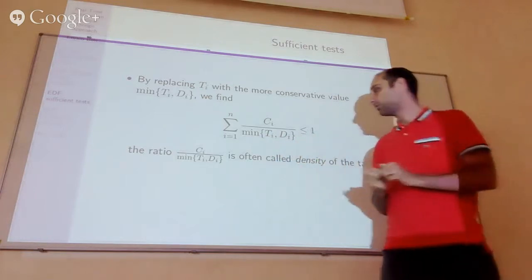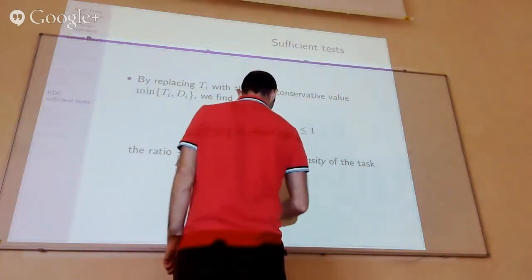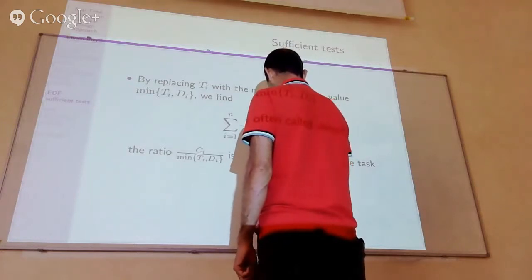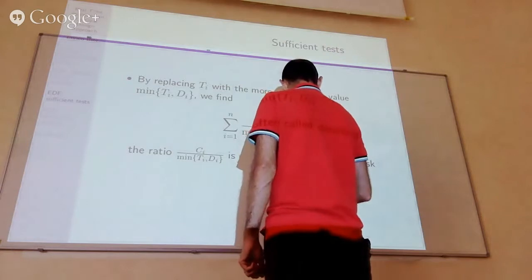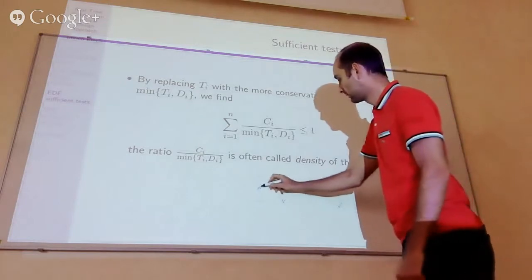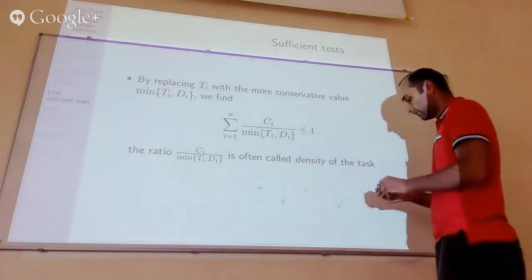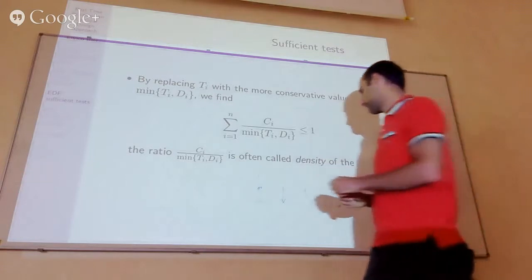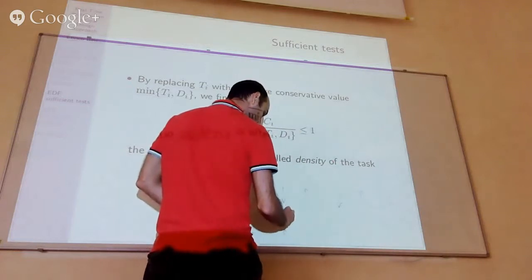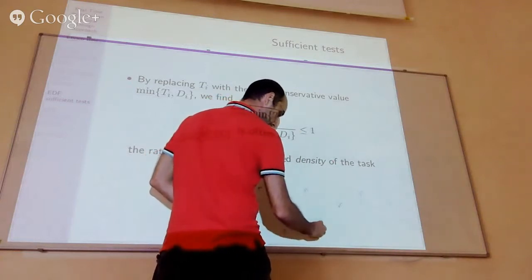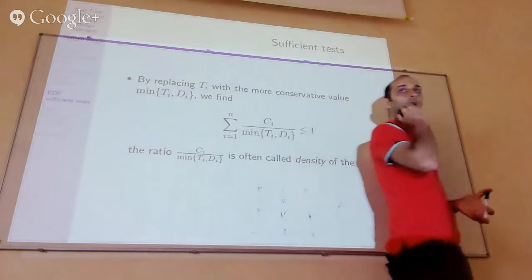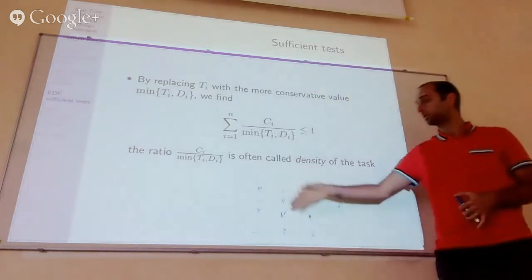So if you have a task with activation and deadline here, activation and deadline here, this corresponds to replacing this task with something that does the following. You have a deadline, and then you bring the activation coincident to the deadline, and then the next activation coincident, so basically it corresponds to reducing the period to the value of the deadline.